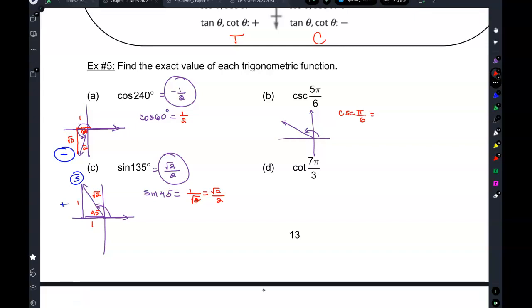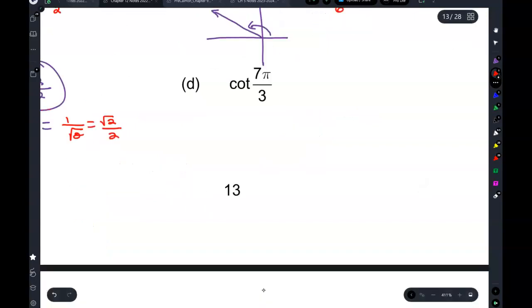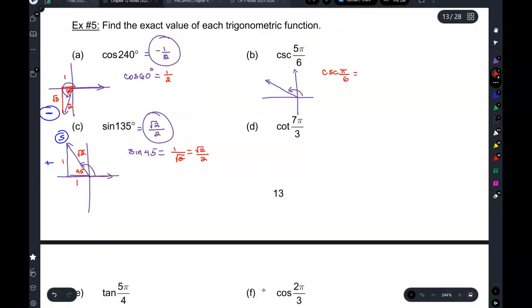Now here is a question for you. Is pi over 6 the same as the 30 or the 60 angle? The 30. Oh, you guys are amazing. Okay, so 30. So if I draw a little triangle here, will this vertical side be the 1 or the root 3? 1, root 3, and 2, right? Just like a 30, 60, 90 triangle.